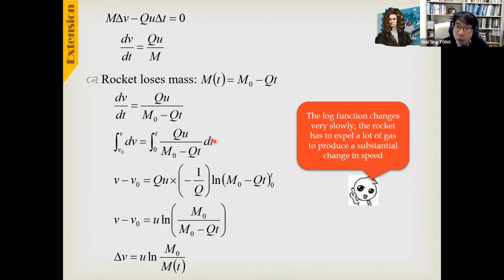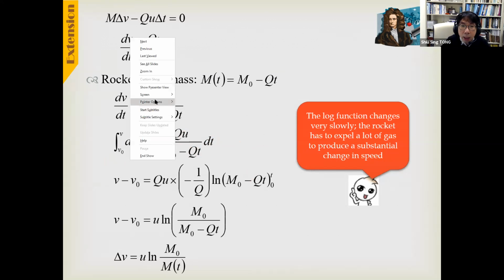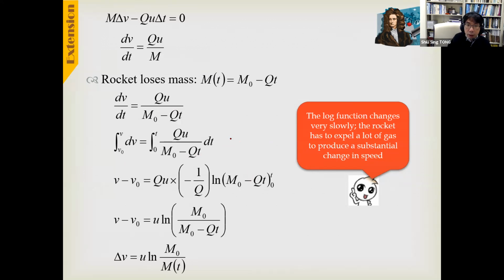We make a change of variable to m0 minus qt. So instead of dt here, in our mind we convert this into d(m0 minus qt). But then we have to divide by minus q in order to cancel this, right?